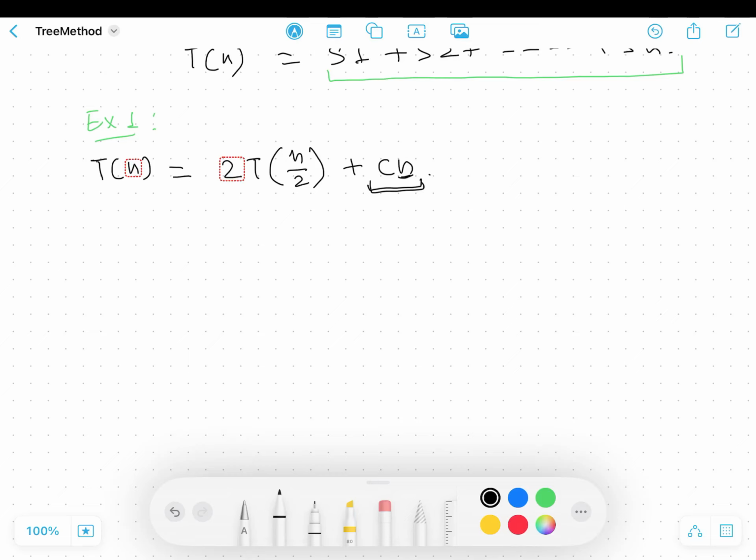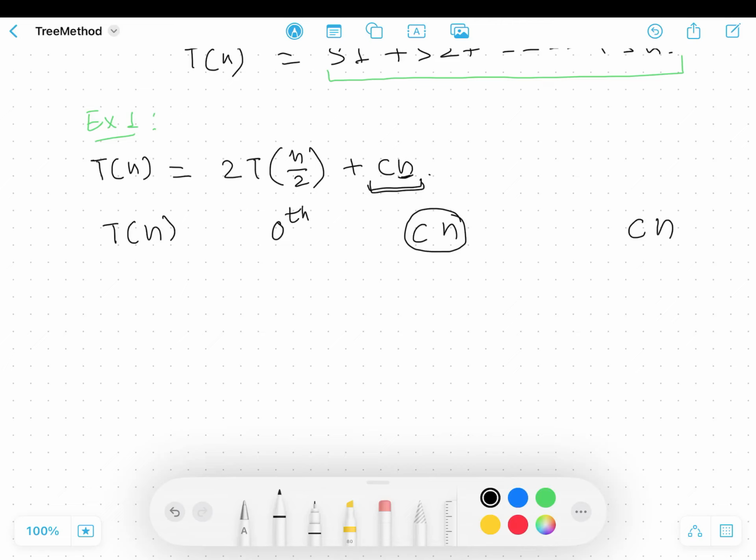So we are going to write it like this, Cn. So at the first level, we are doing Cn work and the total is Cn, and this is our 0th level.